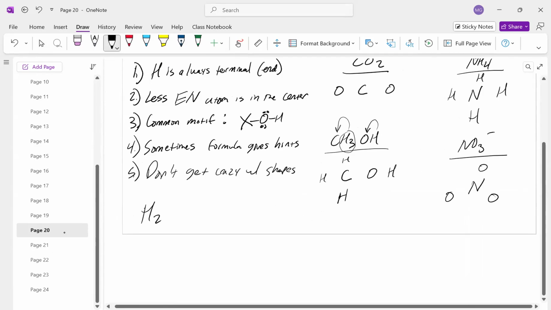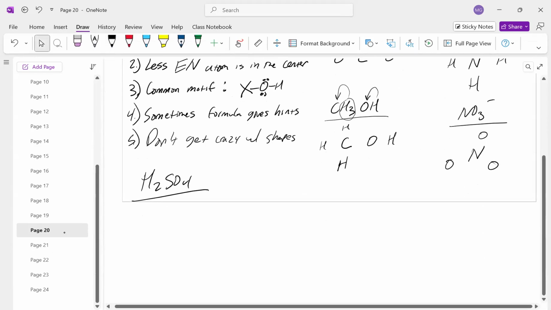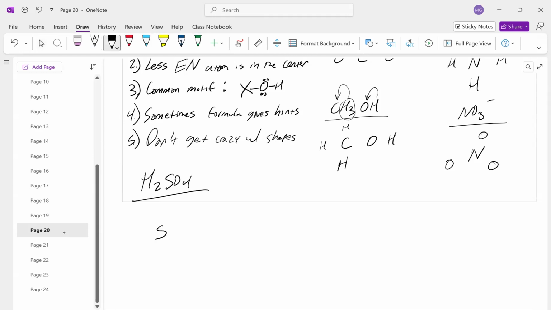And then let's look at sulfuric acid. So I'm going to put sulfur in the middle. I'm going to put the four oxygens around it. You might ask, well, how do I know I'm supposed to do that? Why don't I attach hydrogens to the sulfur as well? This comes with experience.